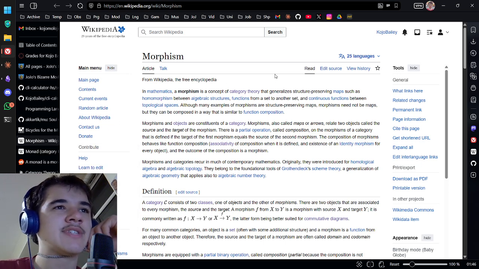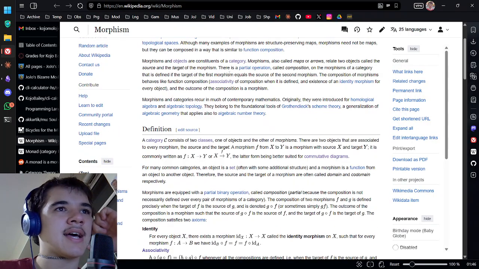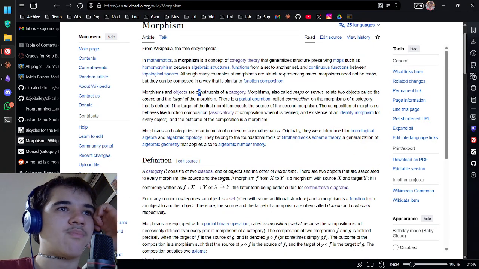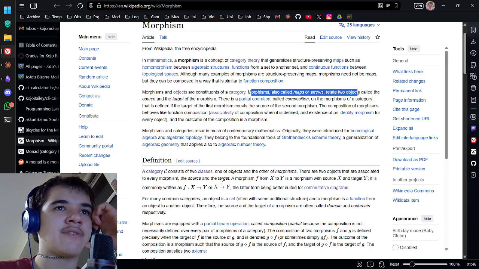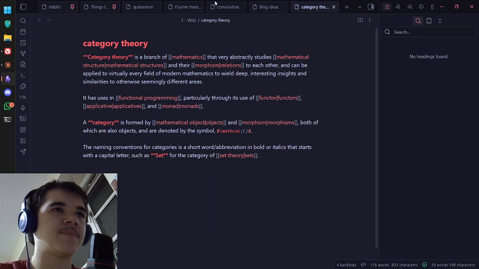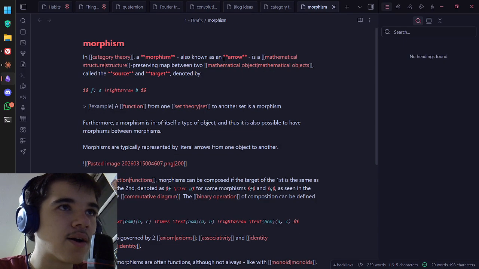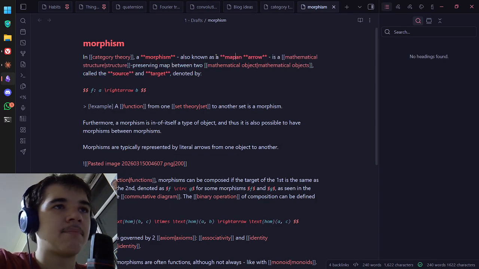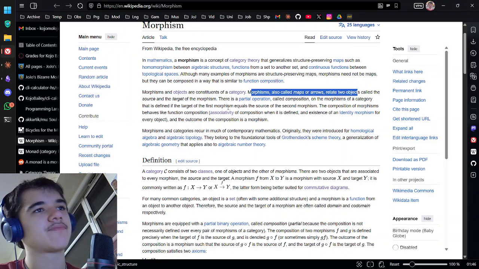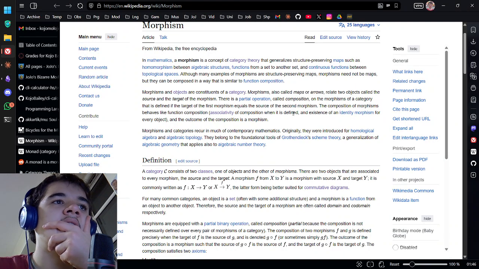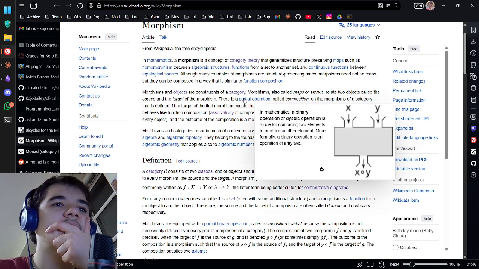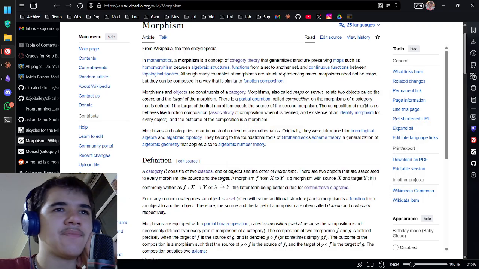So in mathematics, a morphism, okay, so we kind of really looked at this. Morphisms and objects are constituents of a category. Morphisms are also called maps or arrows. So I guess I should write this down as well. A morphism, also known as a map or an arrow. Partial operation. Or is it partial? On the morphisms of a category.